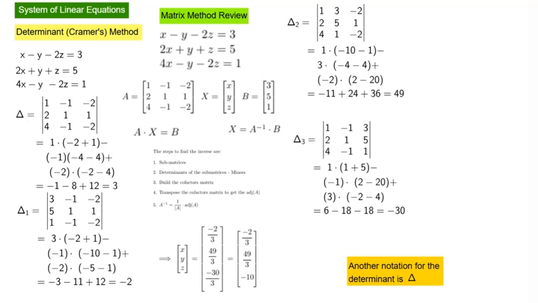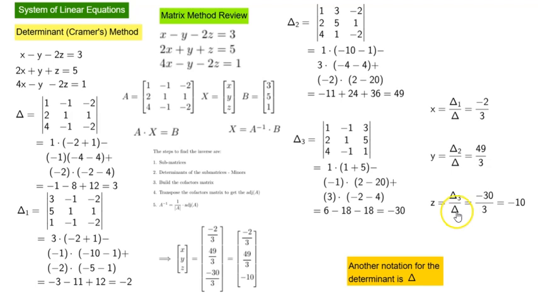So now value of X will be equal to delta 1 divided by delta. Delta 1 is minus 2. Delta is 3. So X equal to minus 2 by 3. And we have here, see, matrix method, minus 2 by 3. Y is equal to delta 2 by delta, which is equal to 49 by 3, which is what we had.